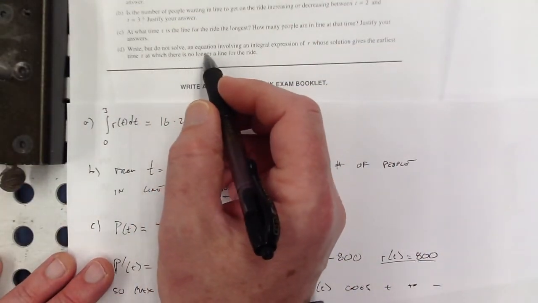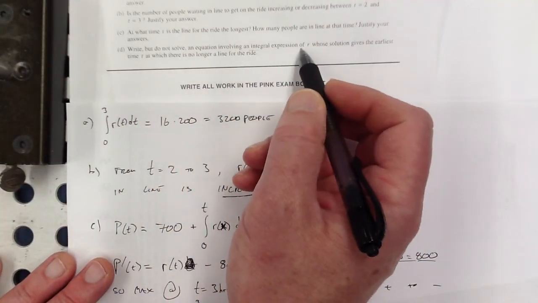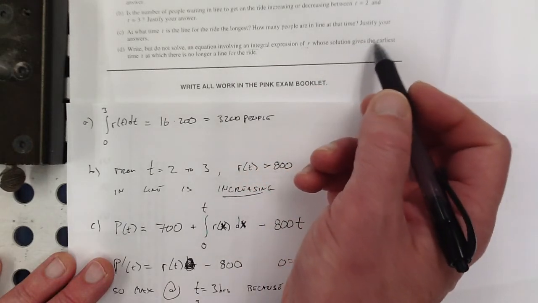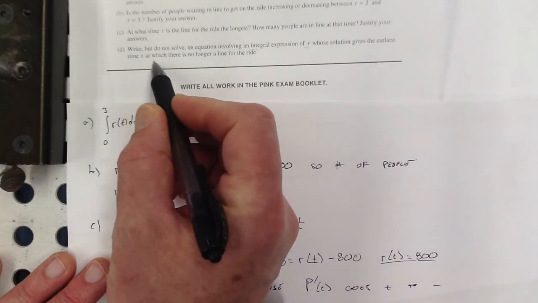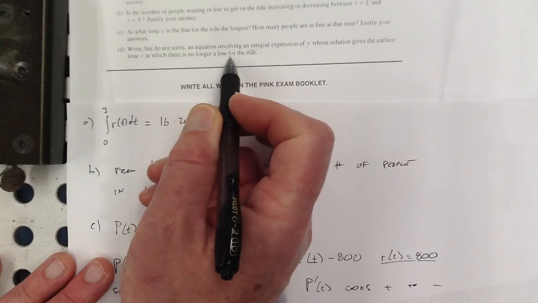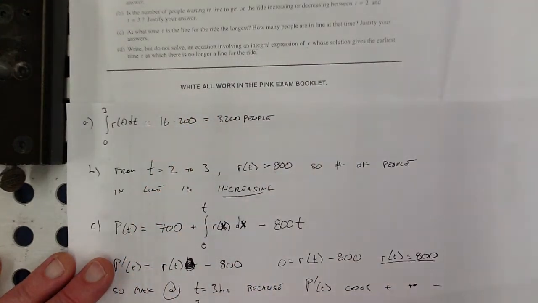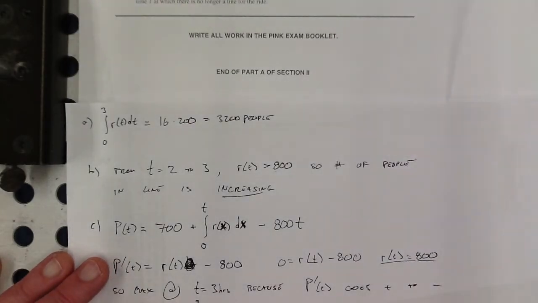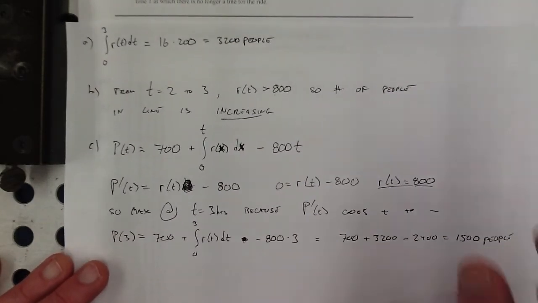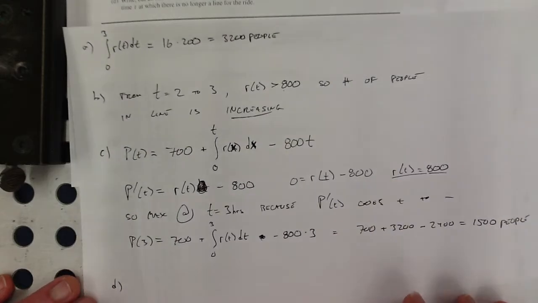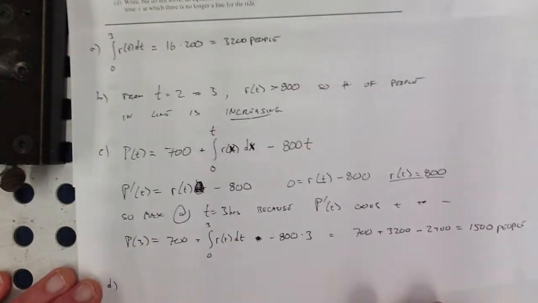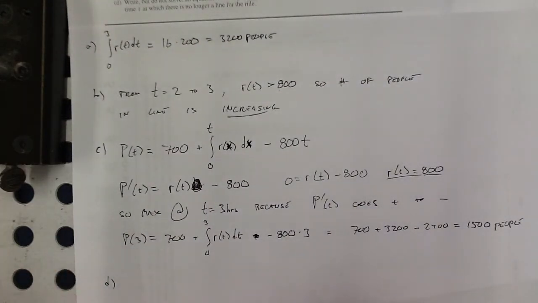Write but do not solve an equation involving an integral expression of r whose solution gives the earliest time t at which there is no longer a line for the ride. Okay, so if we want to find when there's no longer a line, I think we kind of did it already in part C, didn't we?